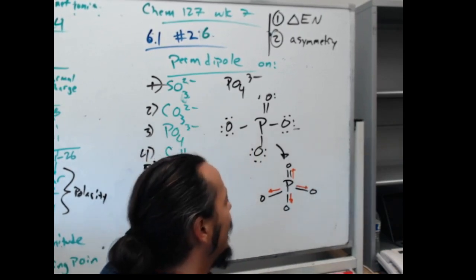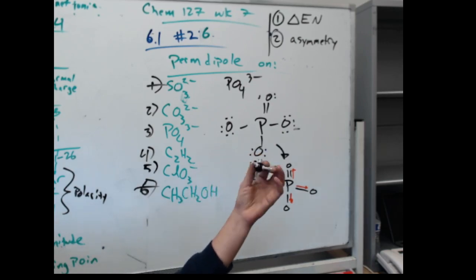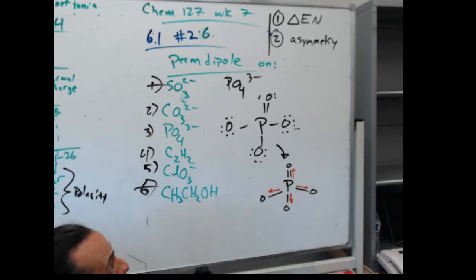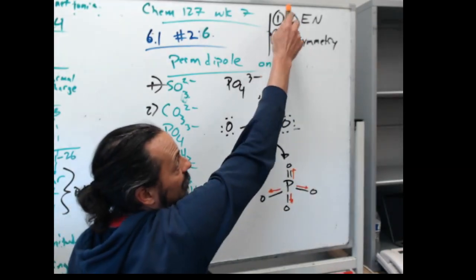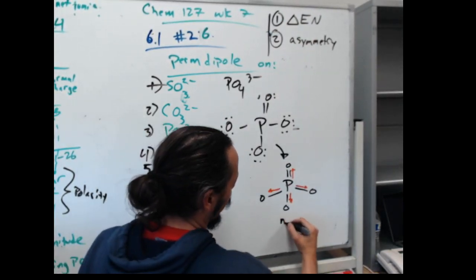And then the question is, is that difference in electronegativity symmetric around the center? I have a hard time seeing it with my drawings, which is why I like to use a model kit. And so when I see this, I'm like, oh wait, that is a very symmetric shape. Since that's a symmetric shape, I've got my difference in electronegativity, but I don't have my asymmetry. So this one is nonpolar.